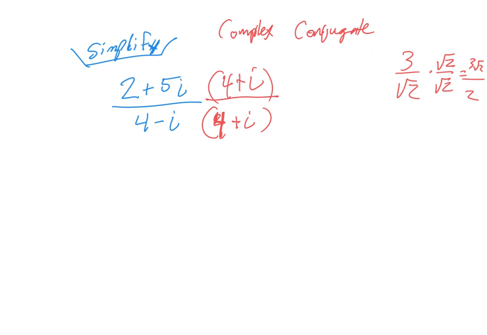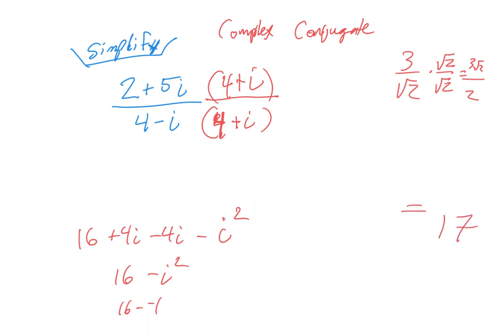Because when I do that in the denominator, I will have 16 plus 4i minus 4i minus i squared, which will be 16 minus i squared. And i squared we know is negative 1, so it's 16 minus negative 1, which is 17 for my denominator when I'm done.